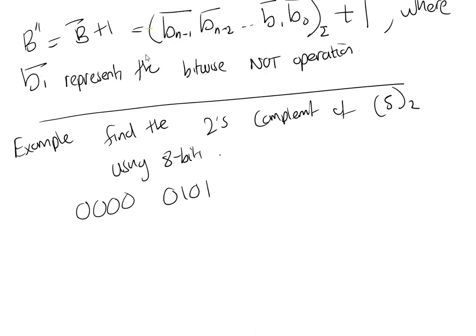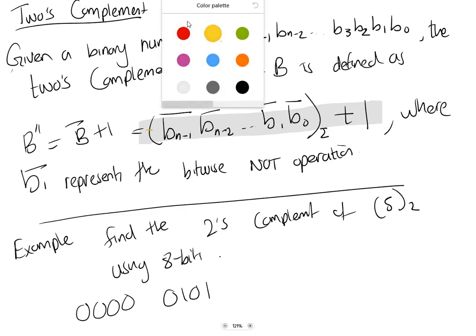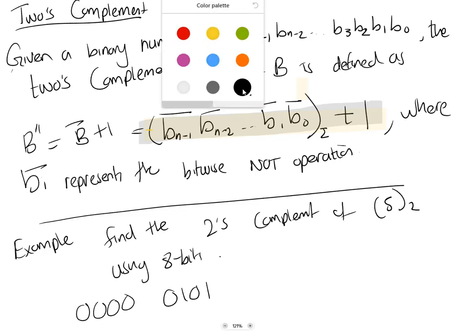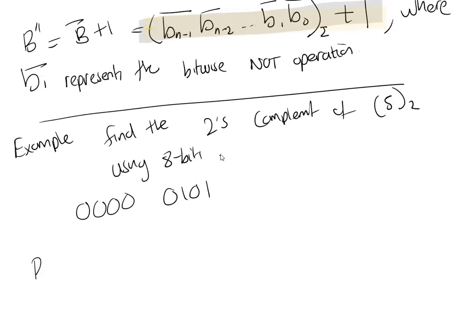Okay, so let's flip the bits. To get the 2's complement, it's equal to flipping the bits and then adding 1.